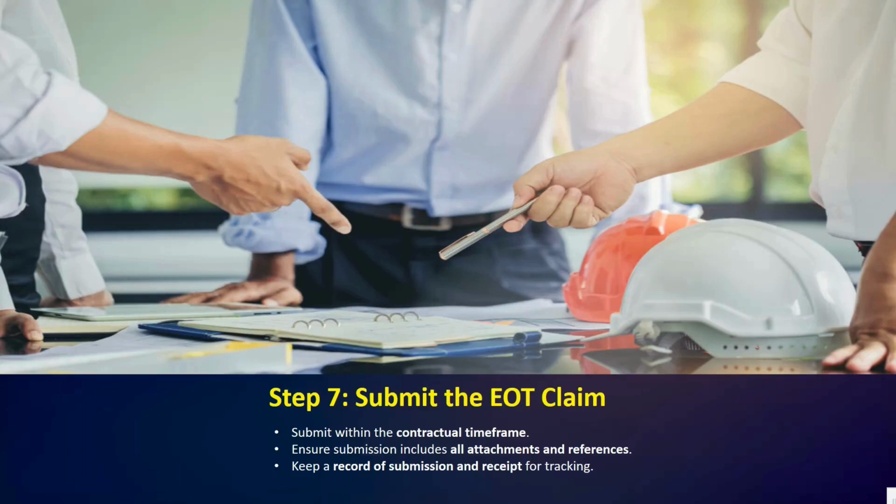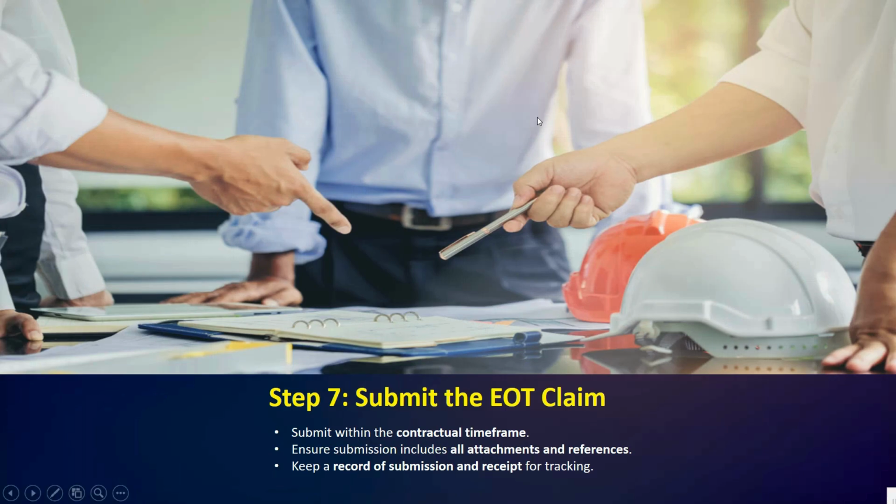So next we have step 7, submit the EOT claim. After preparing the report, submit it formally to the engineer or employer within the time limit defined in the contract. Ensure your submission includes the cover letter or transmittal sheet, then the claim report, and all references and evidence.